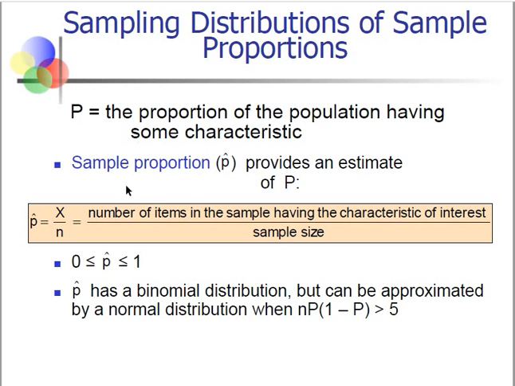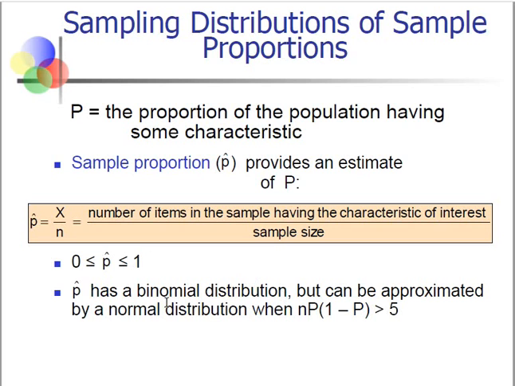That is our sample proportion, and we can use it to estimate the population proportion. To find the proportion, we get the number of items having the same characteristic and divide by the sample size. Note that our proportion will always be between 0 and 1.